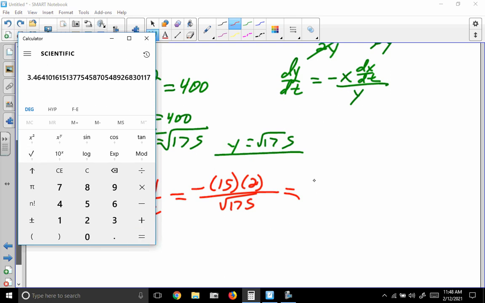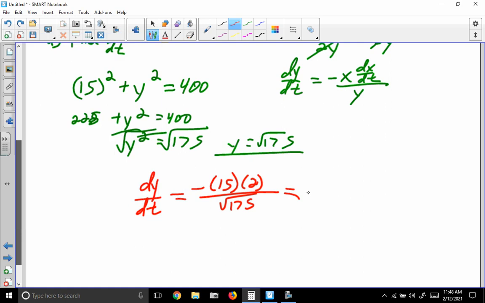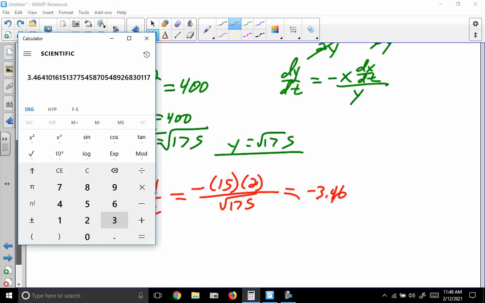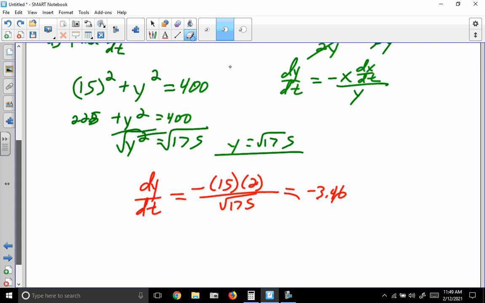So I get 3.46, which is negative. Let me double check one more time. So that's going to be 30 on top. The square root, not of 75. I can't type on this screen right now. Negative 30 on top divided by the square root of 175. Yeah, negative 2.27. I thought that was wrong.